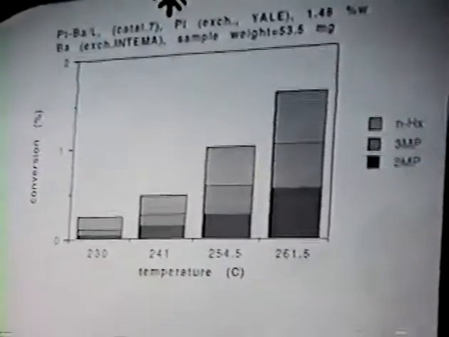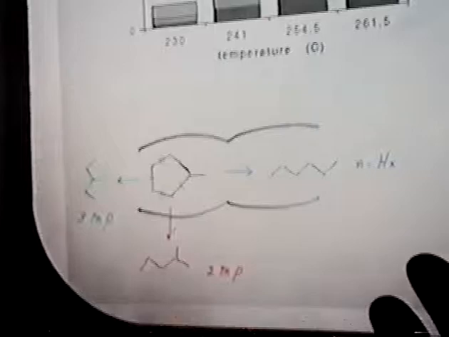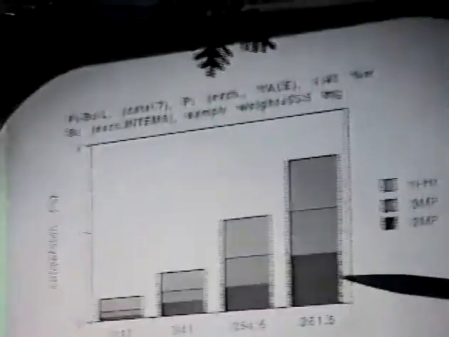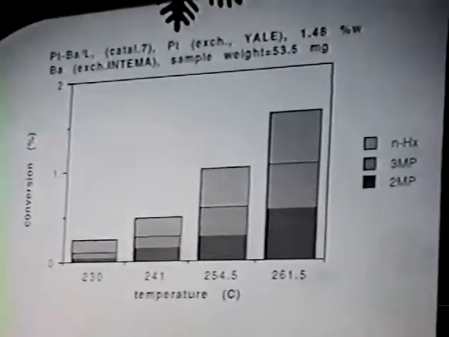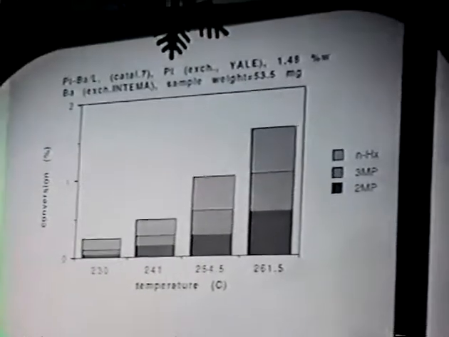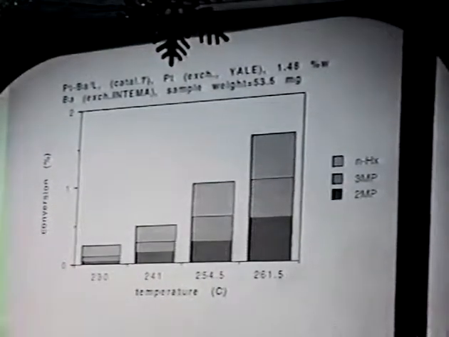When you go to the L-zeolite, you do see a shift towards the N-hexane and 3-methylpentane at the expense of 2-methylpentane. So it does seem to me that there may be some component of this geometric effect here, but I don't think it's the primary one involved in causing the normal hexane to benzene reaction.